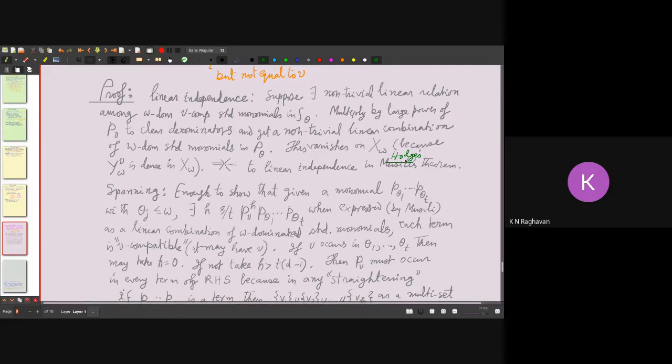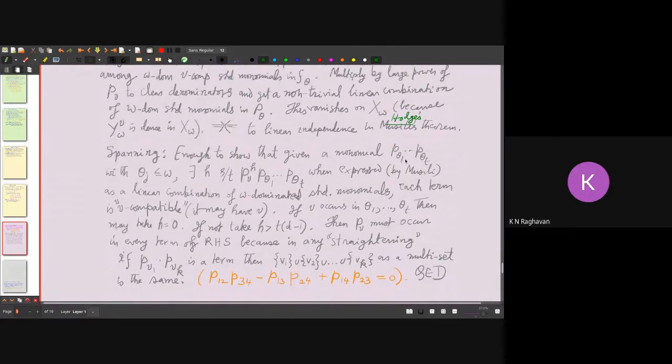Okay, and the spanning also is quite easy. So it is enough to show that given a monomial with theta j less than or equal to W, there exists H such that if I take a high enough power of PV and multiply, when expressed, again by Hodge, as a linear combination of W dominated standard monomials, each term is V compatible.